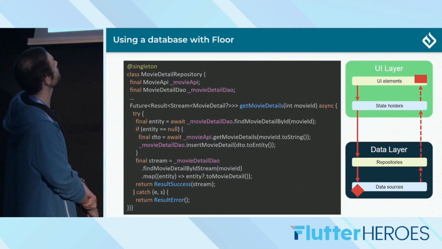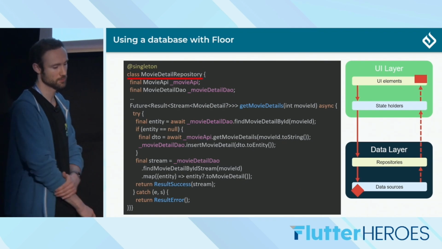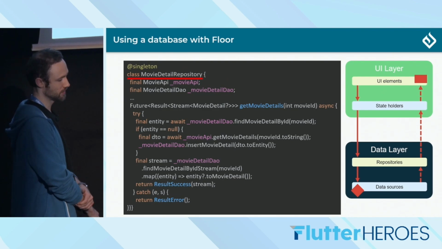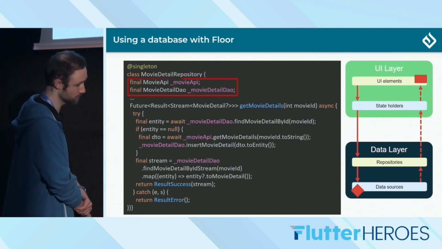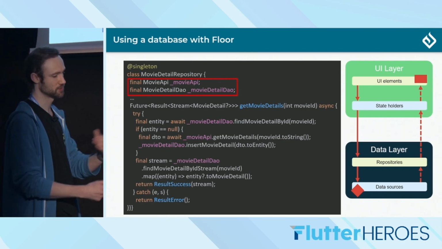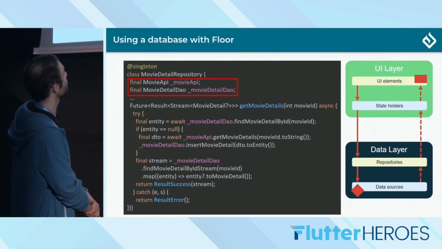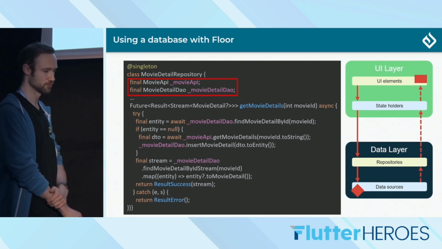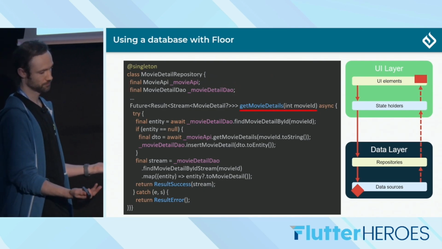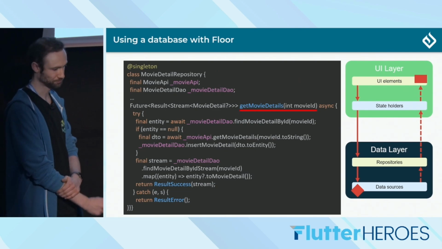So here we can see a repository for movie details, just a data type I described. What do we have here? We have now two dependencies, one API and one database. Here I use Flutter as a technology for the database. And what are we now doing inside this repository? We have again a function to get specific movie details based on the ID of the movie.